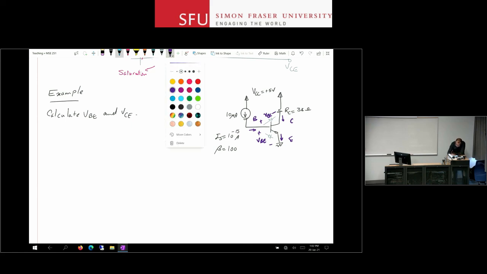Now, the second thing I do is I go and check my formulas. I see that IC is IS e to the VBE over VT. And because I know IS, and VT is room temperature, 25 millivolts, right? So let's make that assumption explicit here.